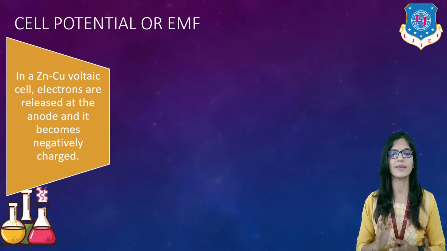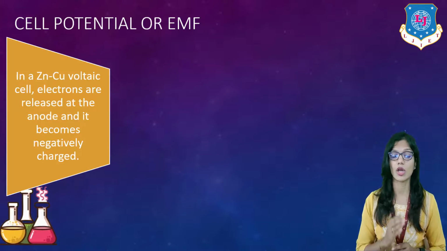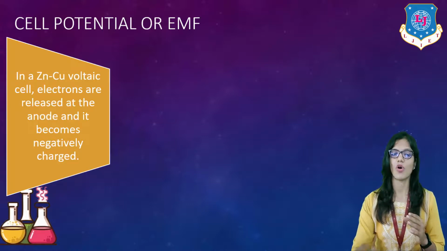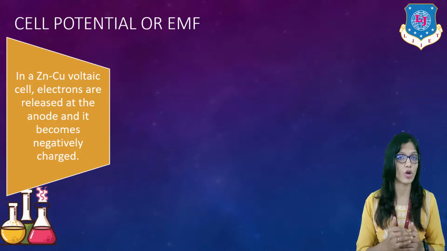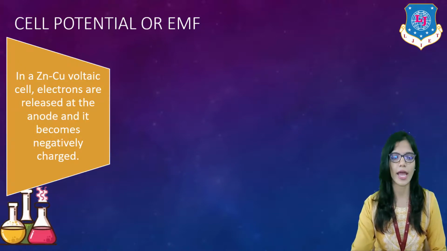Here we will consider a zinc copper voltaic cell. The point where the electrons are released becomes negatively charged, and it is known as the anode.